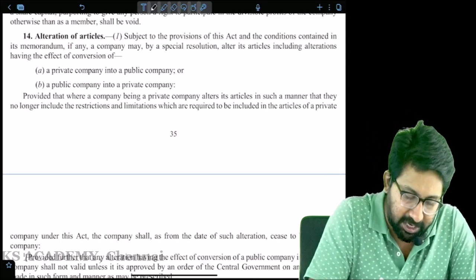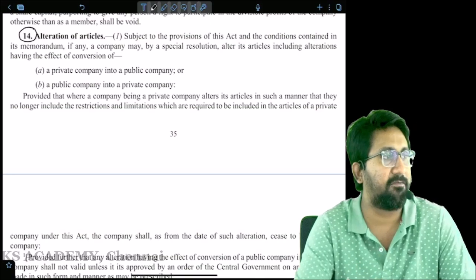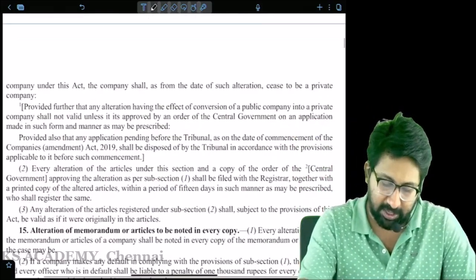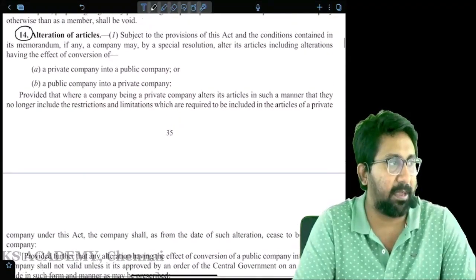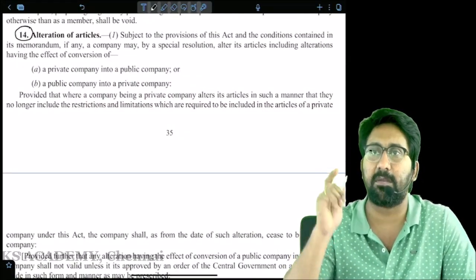We came to section number 14, alteration of articles. It is a small section. Let us first read the provision as it is from the Bare Act. Everyone, open the Bare Act.